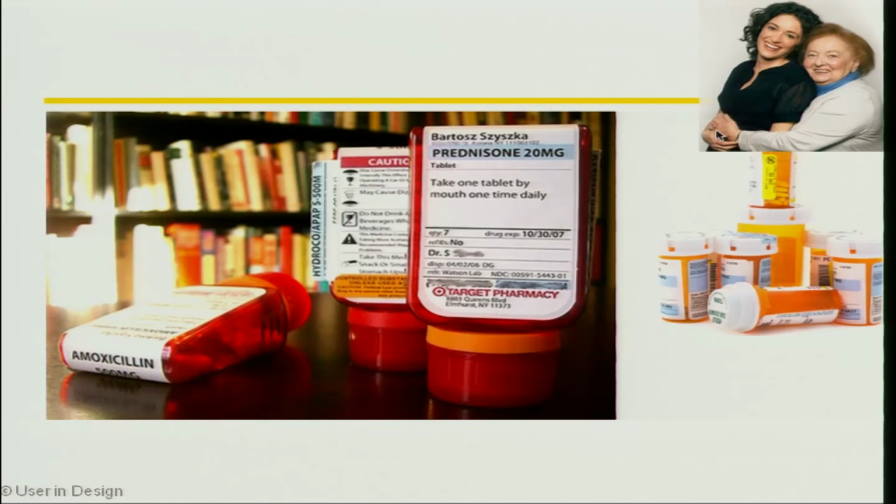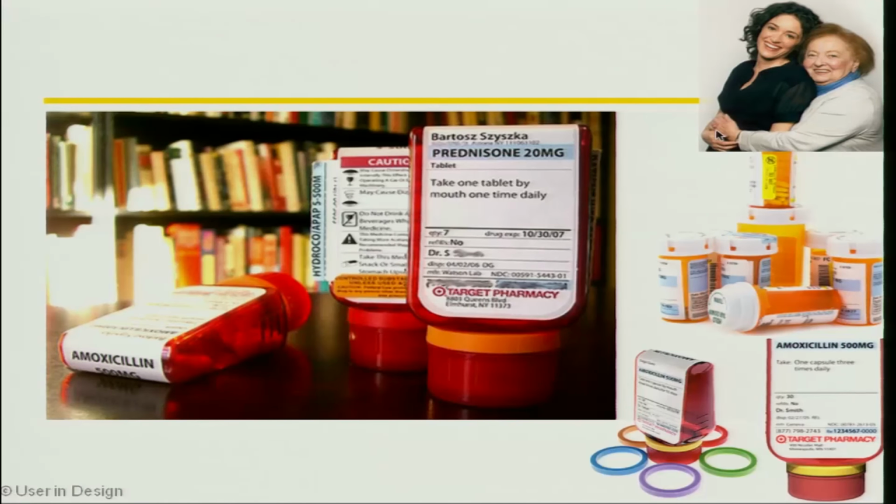And beyond that, what she did is the color coding of the ring around the lid. Her original design actually had the entire cap in different colors to denote different medications and different people's medications, right? However, if you remember, we spoke in the last section about feasibility and viability.